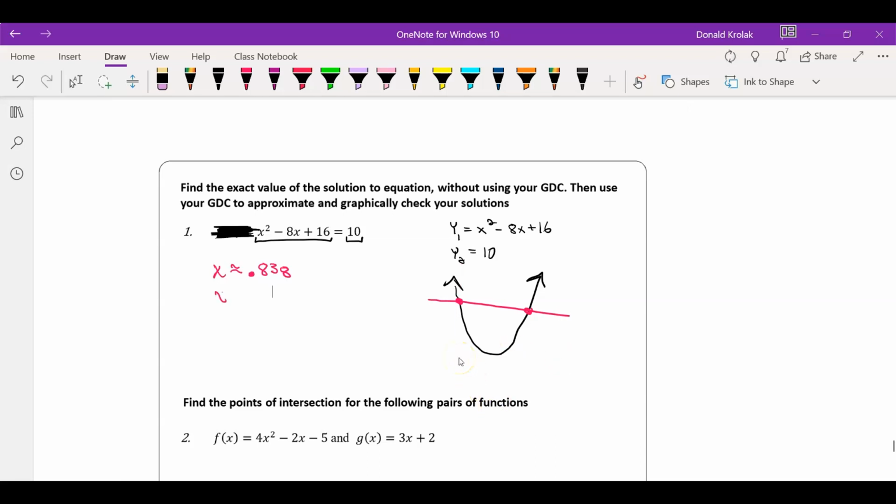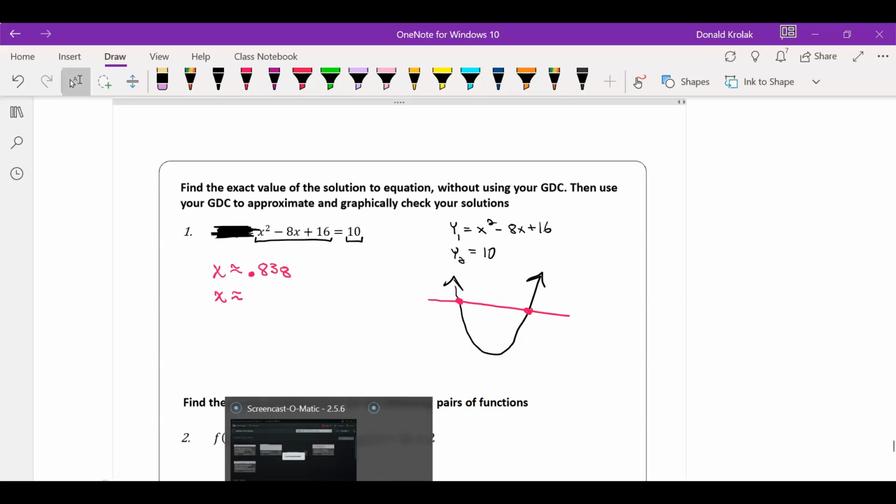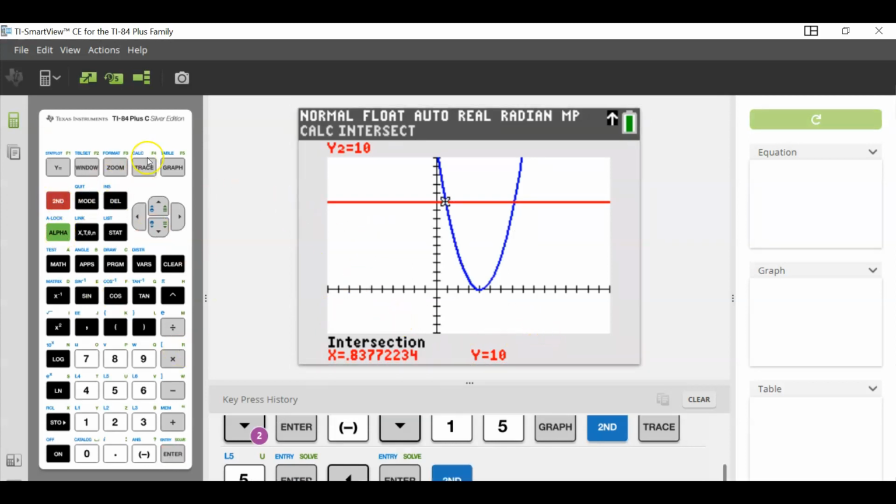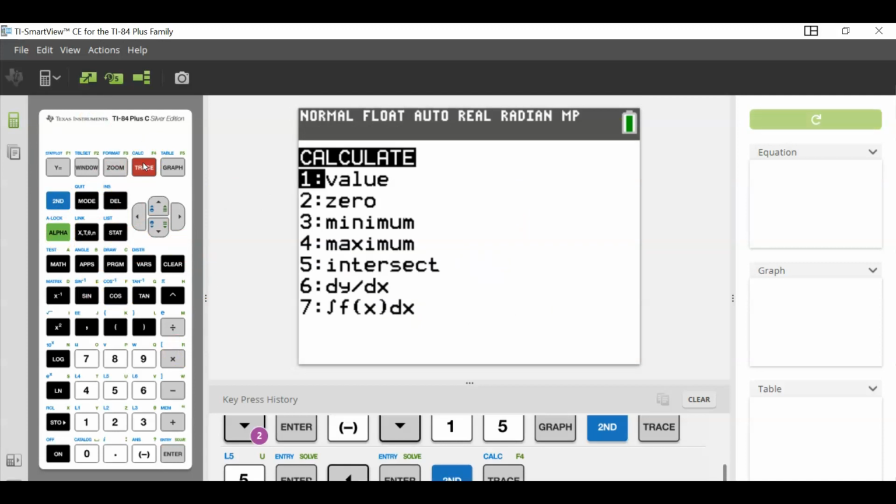Okay, so that's one solution. And the other one: second, calc, intersect.